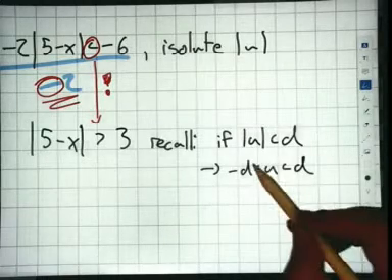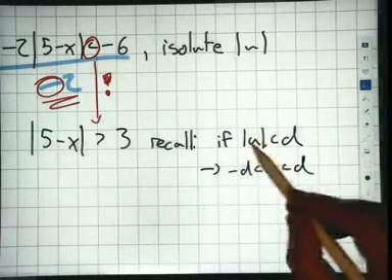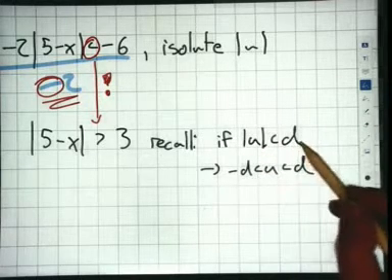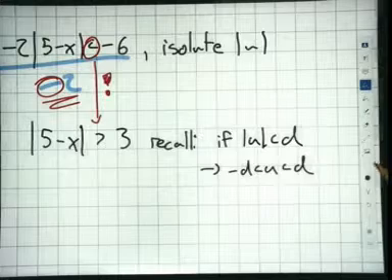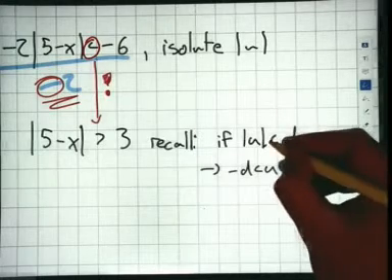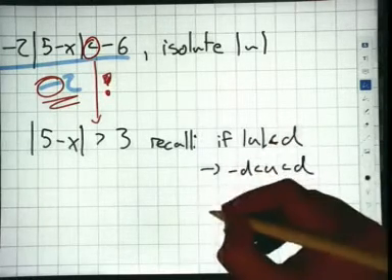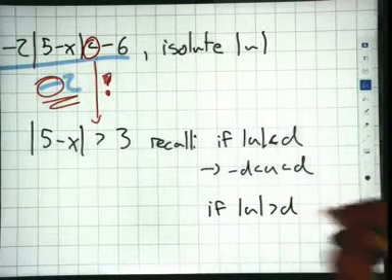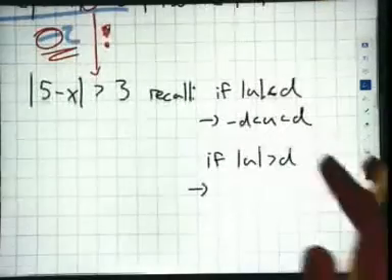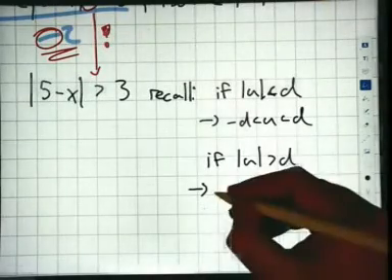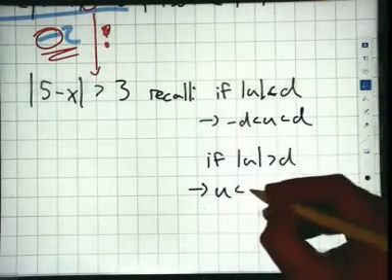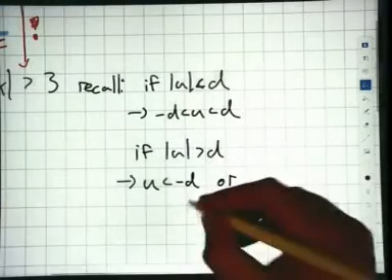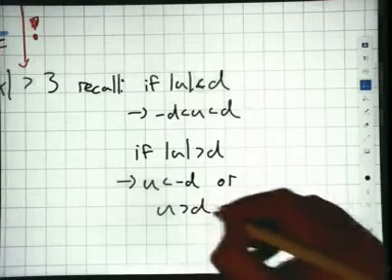What we do is we sandwich the expression inside our absolute value between the positive and negative of whatever d is. That's for the less than. If the absolute value of u is greater than d, then we have two statements. Either u is less than negative d, or u is greater than d.